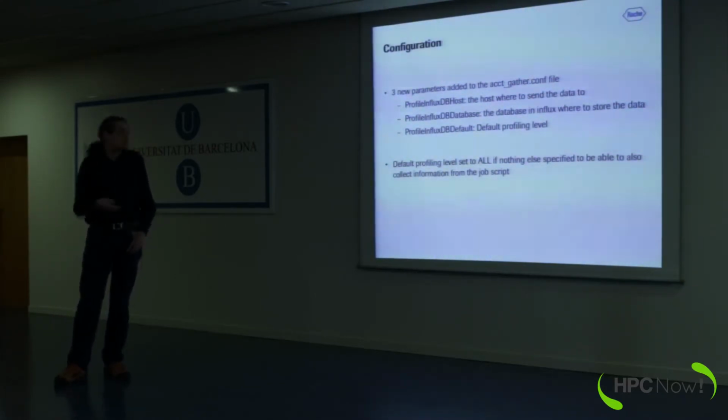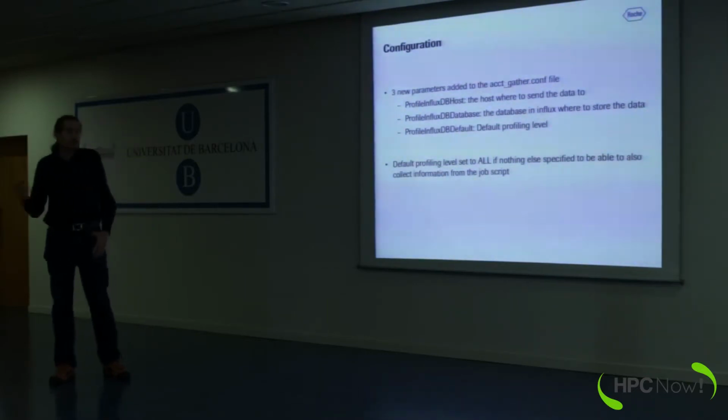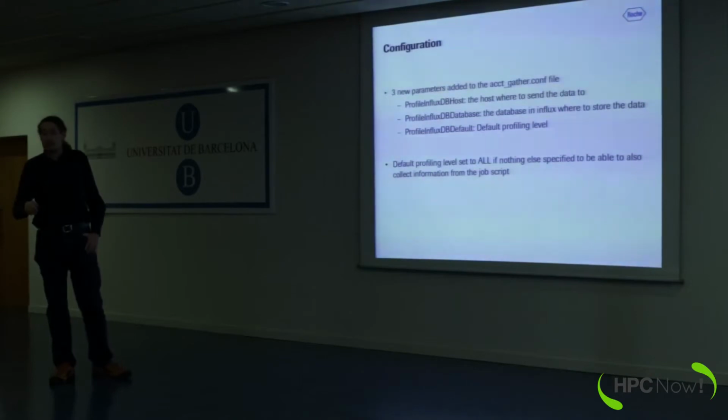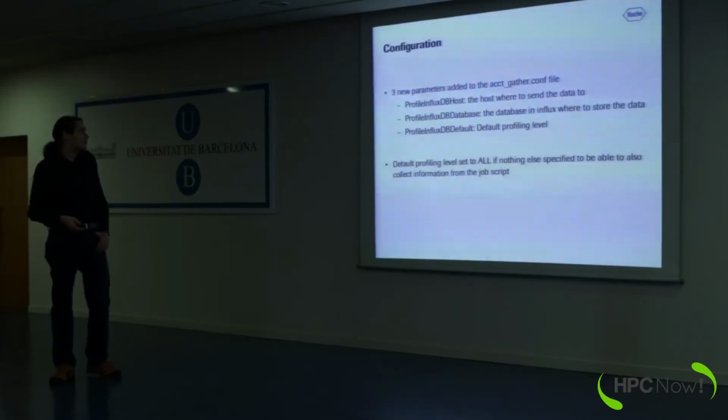So you can define a default profiling of none, and nothing will be collected. You can define that you won't collect everything, only the task information, only the network or disk information, whatever.